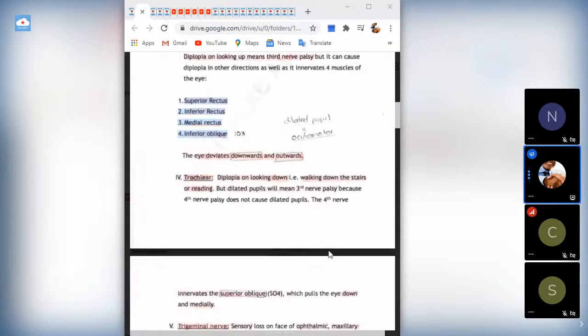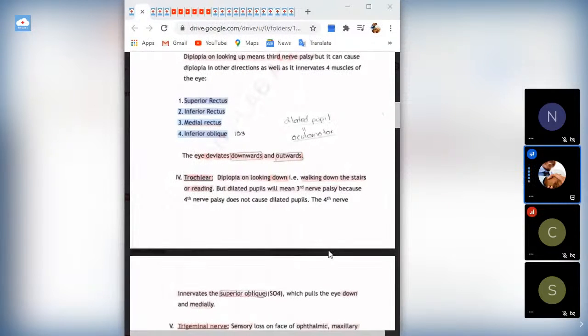Unlike all these lateral rectus, superior rectus, inferior rectus, they just pull it in the direction that they are named. So superior rectus will pull the eye upwards. Inferior rectus will pull the eye downwards. Lateral rectus will pull the eye sideways, that's laterally. Then medial rectus will pull the eye medially.